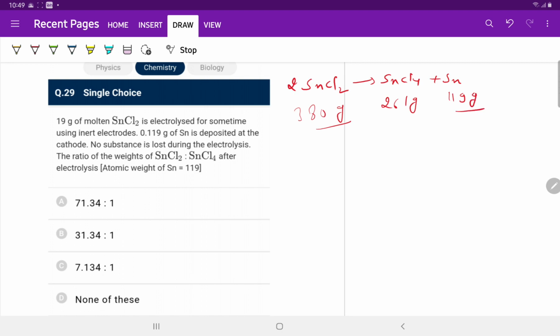This is the standard equation. In the question, 0.119 gram of tin is obtained, so SnCl4 obtained is 0.261 gram.